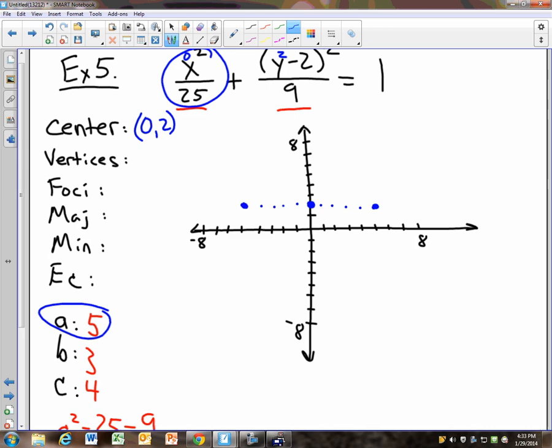Those are my vertices. Looks like 5, 2, and negative 5, 2. For the minor axis, I go up 3 units, and down 3. I can now draw my shape.